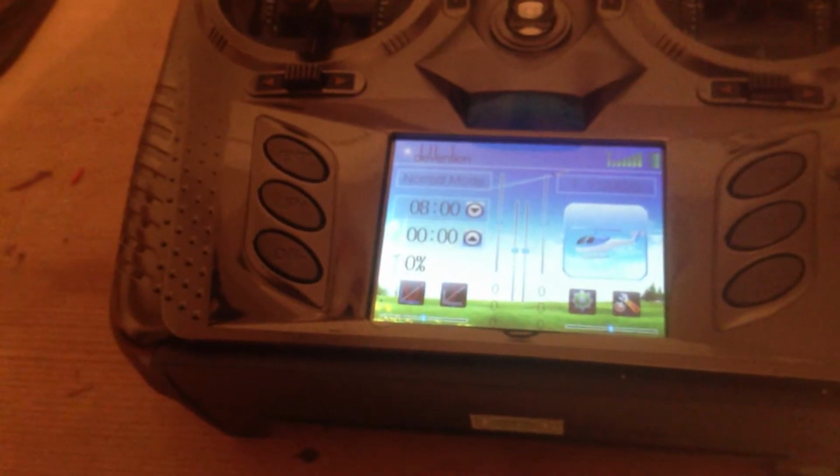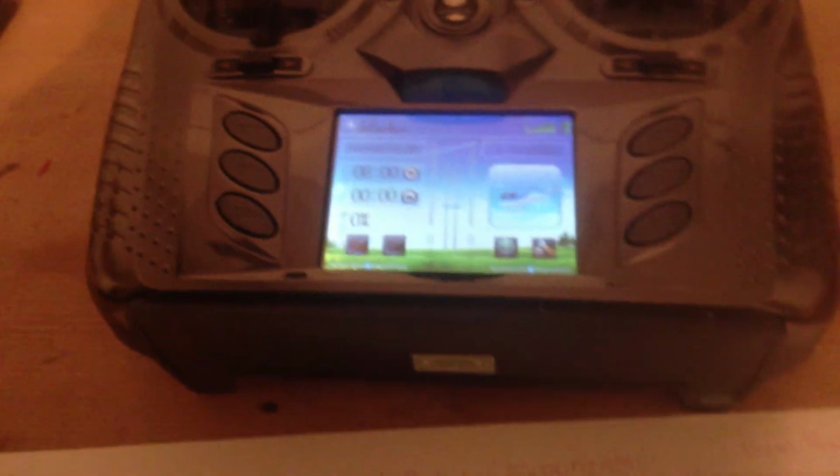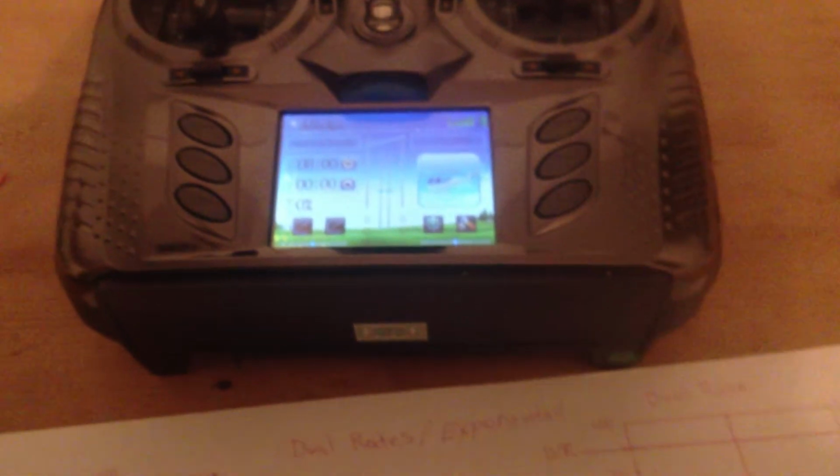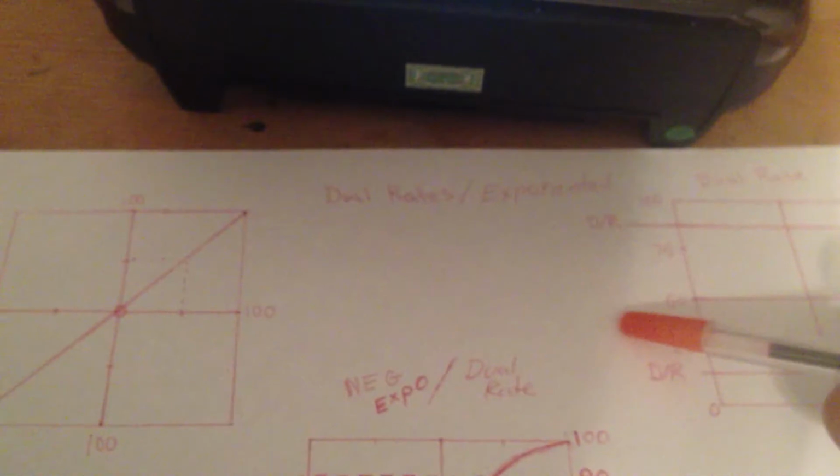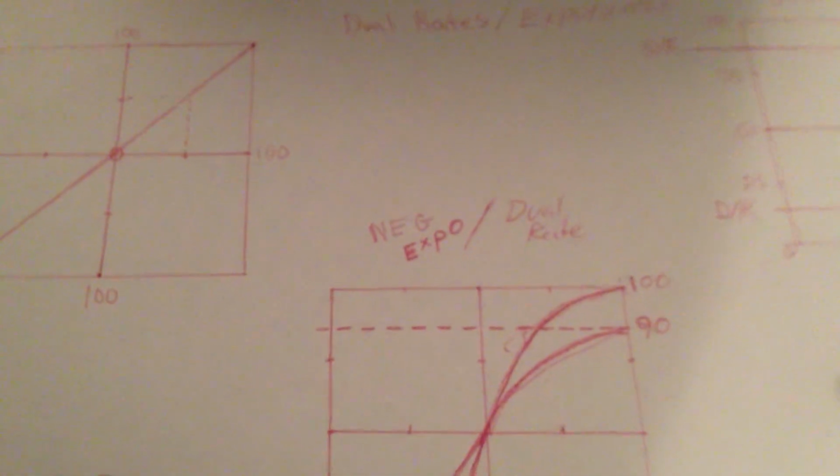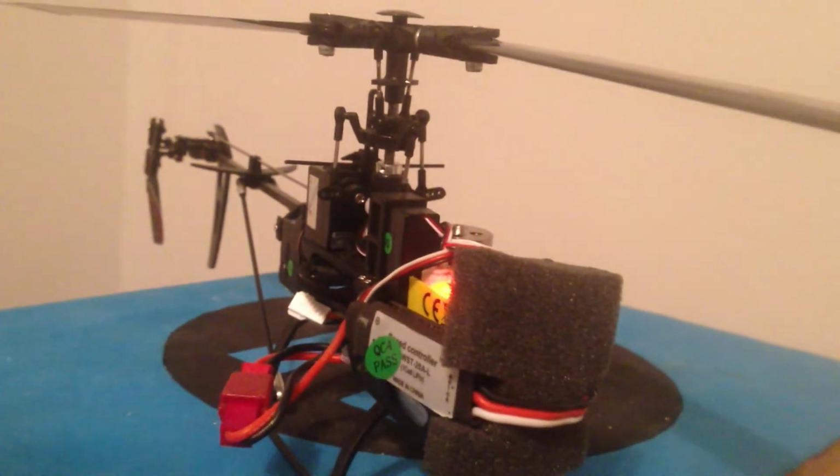If you have a different model than Devention, a simple way to figure it out is to set up your remote like this for your dual rates and exponential, and then go over to your helicopter, right? Move that servo.